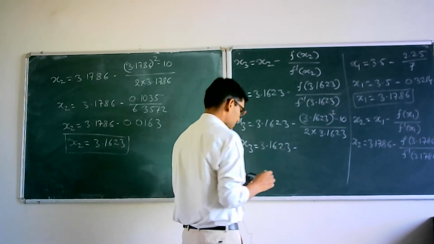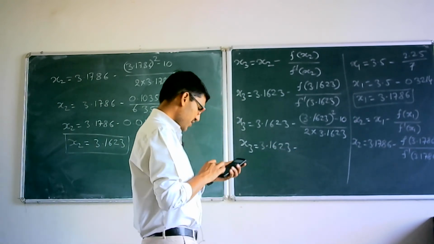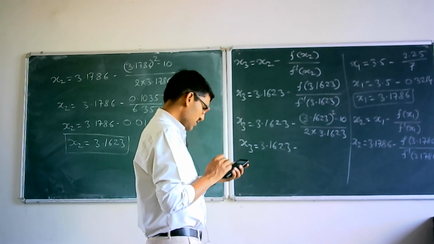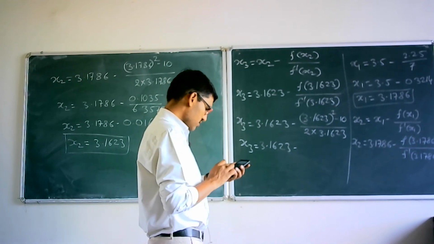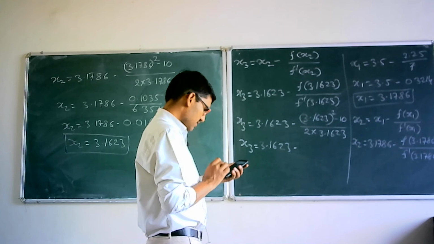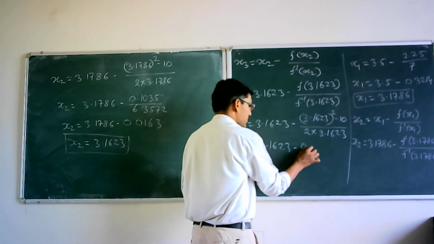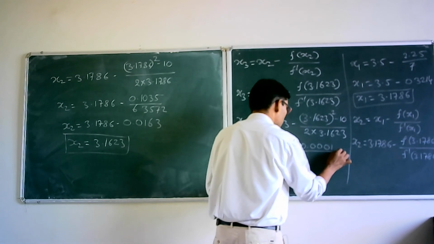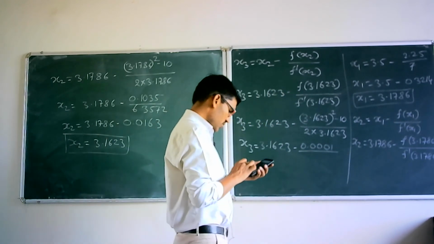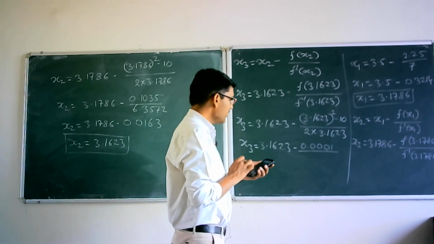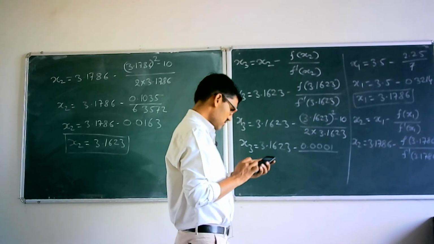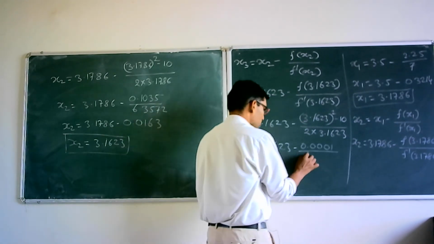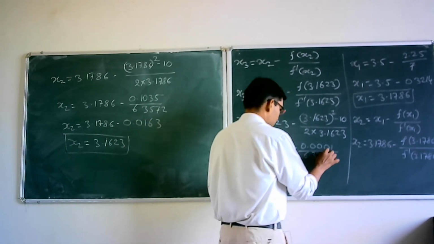So x3 is equal to 3.1623 minus 3.1623 square minus 10, which is equal to 0.0001. This whole is divided by 2 into 3.1623, which is 6.3246.